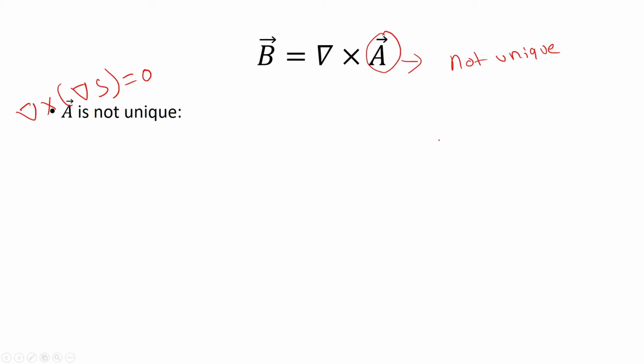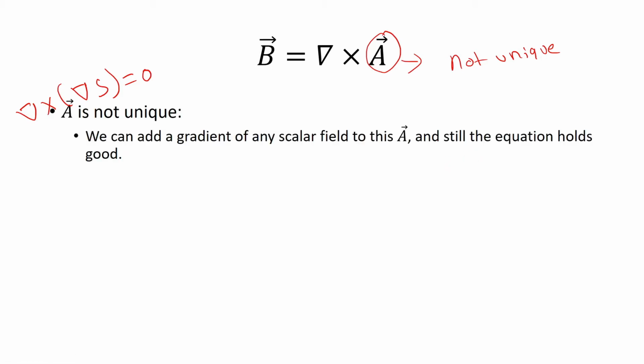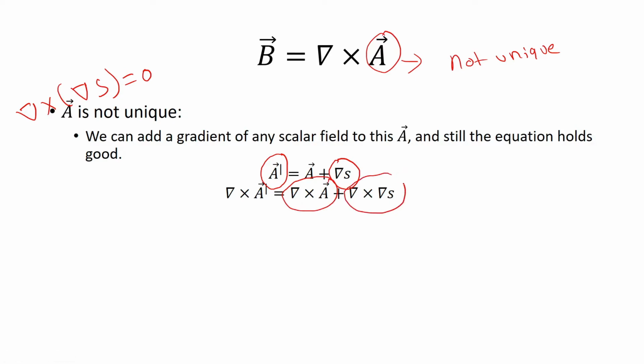So if I define a new vector potential, A bar prime, written as A bar plus the gradient of a scalar field, and I calculate its curl, curl of A bar prime would be equal to curl of A bar plus curl of gradient of scalar field.